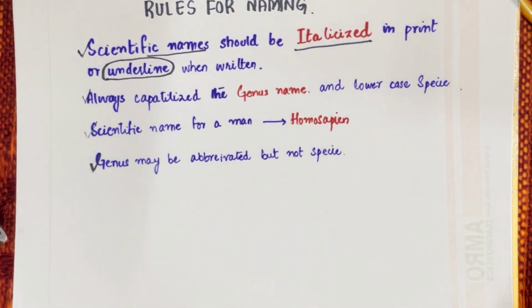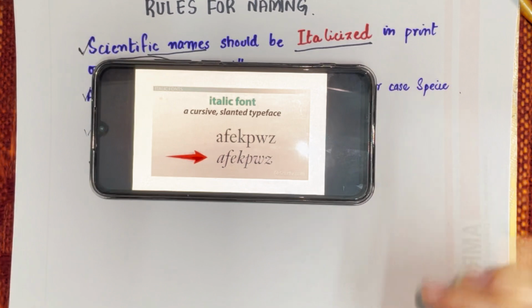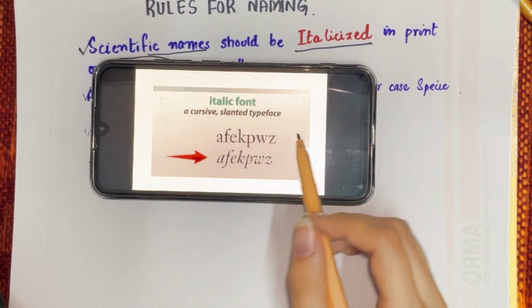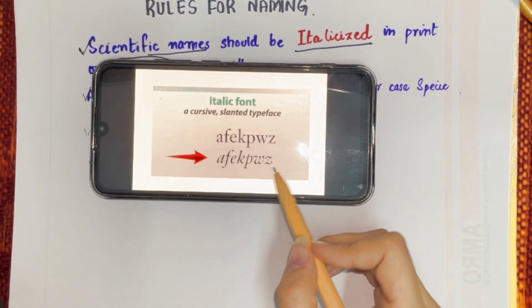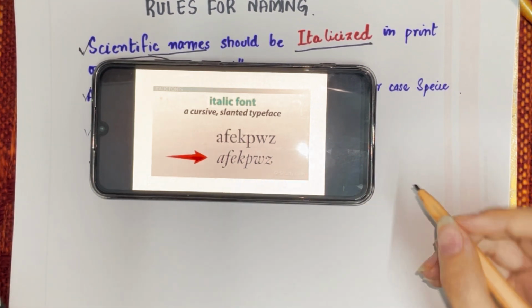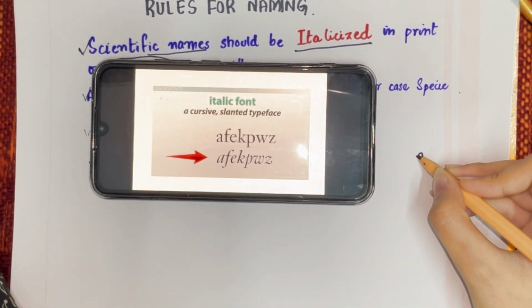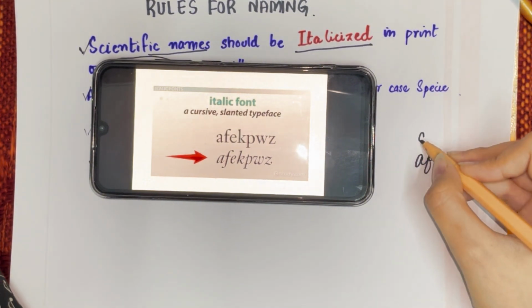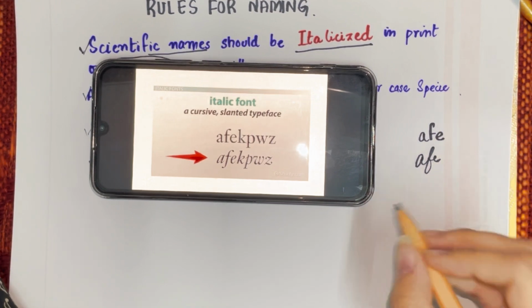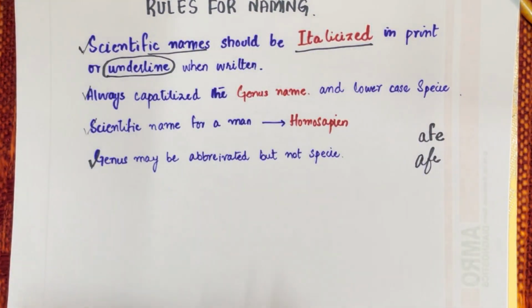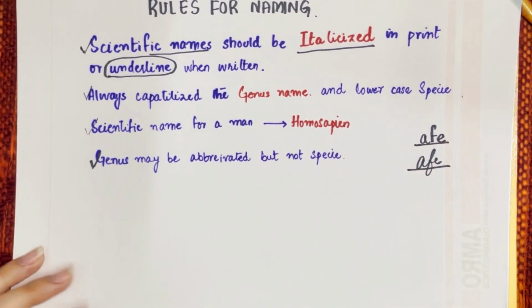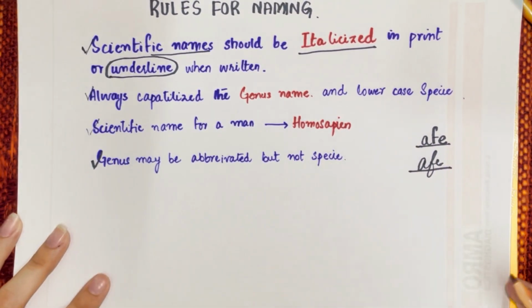This is the normal written form. It is just a term that means nothing, they're just letters. And this is italicized. Whenever we write something a bit tilted like this, we call it italicized. This is the basic font. So it should be italicized in print, or underlined whenever it is written.